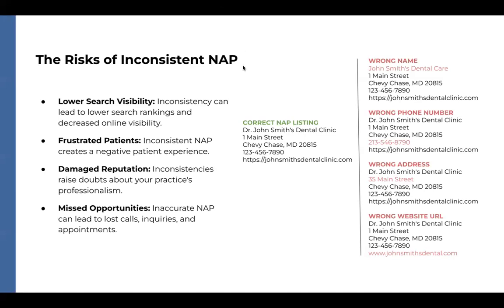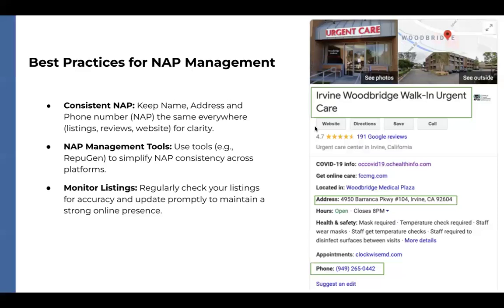And so here are some examples to see NAP consistency in action. Let's see how NAP consistency can play out in real life. To the right of the slide, you'll see an example of correct NAP listings and incorrect listings. We can see that the first inconsistent listing is due to the difference in names for the listing.